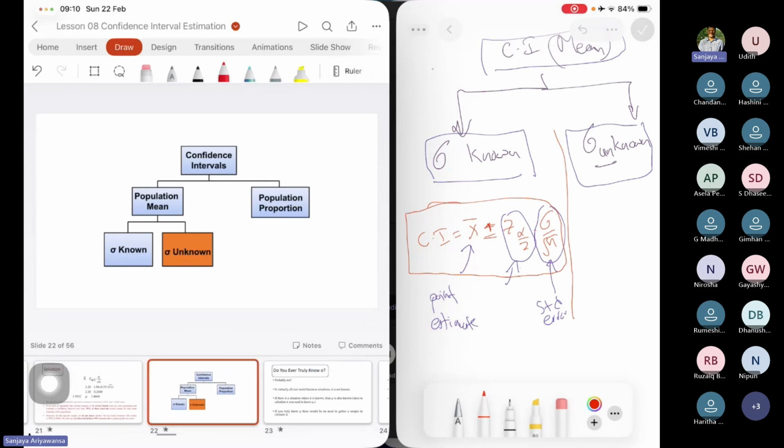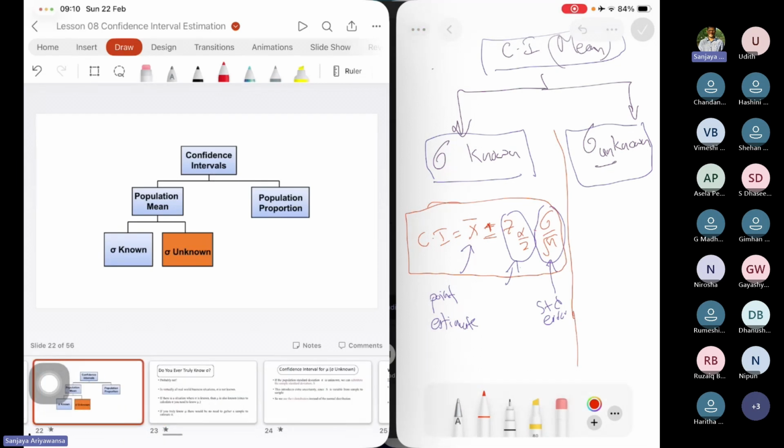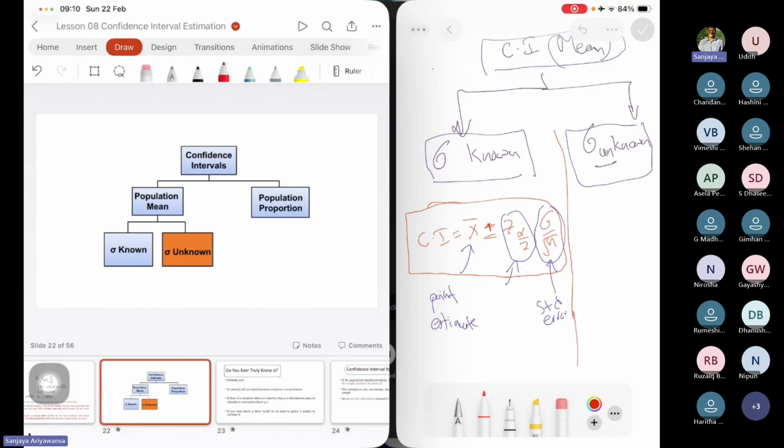When sigma is not known, which is the more practical scenario, since sigma is unknown we don't use z, we use the t distribution. The confidence interval then was the same point estimate x bar plus or minus, instead of z we use the t distribution, times not sigma but s over root n.